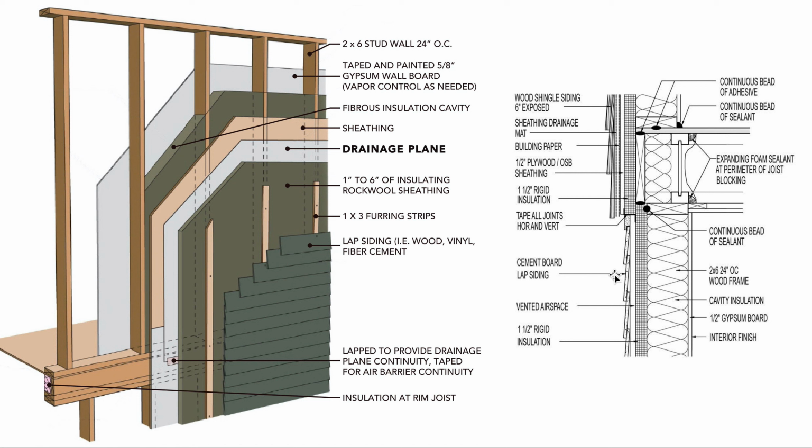Cement board is more durable. It's made out of Portland cement and formed into a board and then put up, and you can paint it. Sometimes they texturize it so it doesn't look flat. It looks like wood. It's much more durable, obviously, since it's made out of Portland cement.